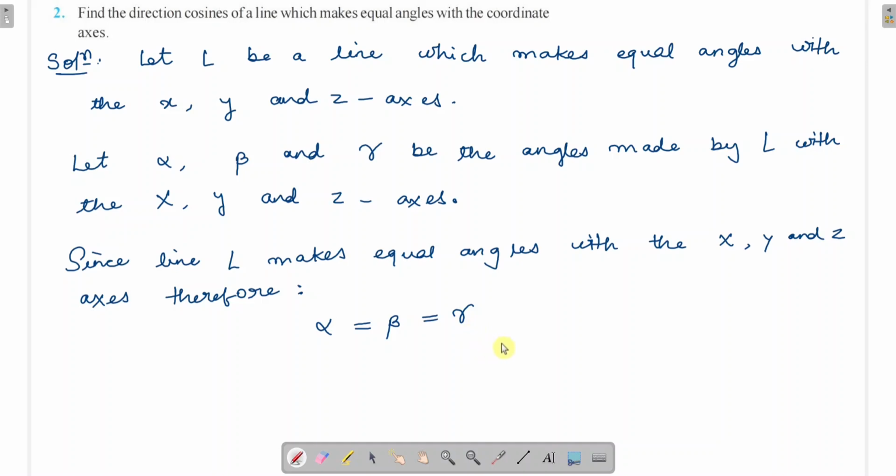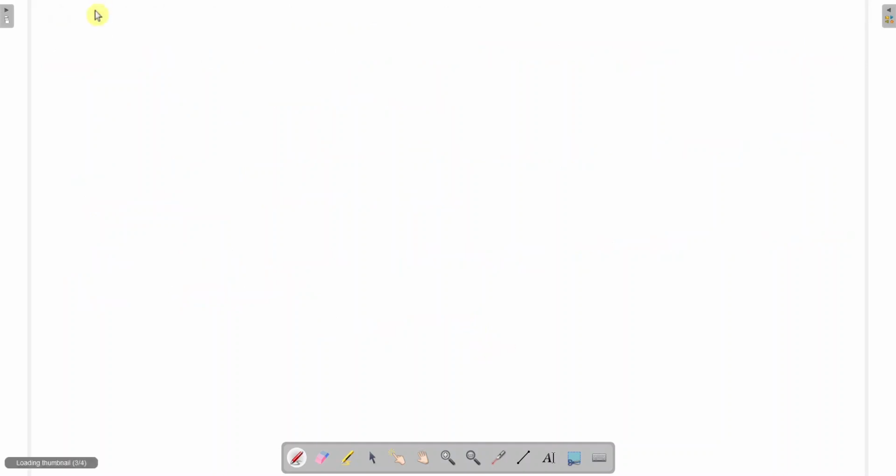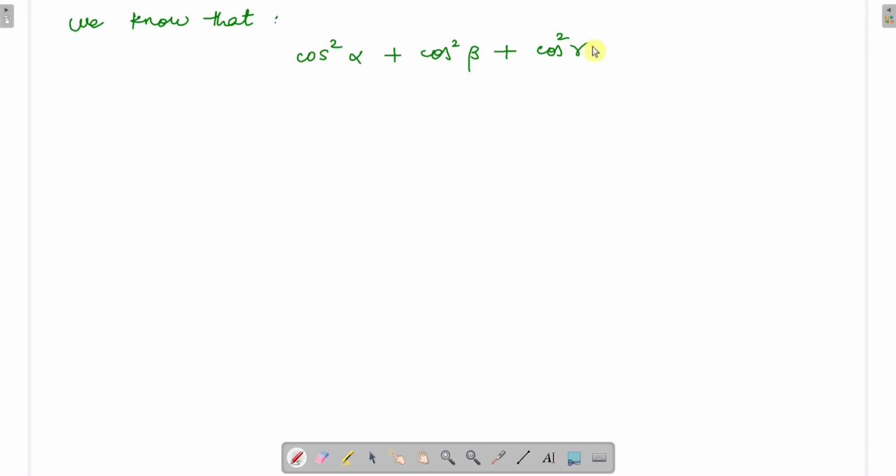Okay, now we know this identity, cos square alpha plus cos square beta plus cos square gamma equal to 1. The sum of squares of direction cosines is equal to 1.